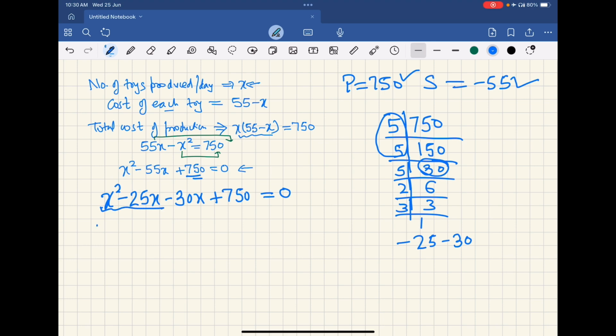Between these two, let us take x common. So x square divided by x is x, minus 25x divided by x is minus 25.